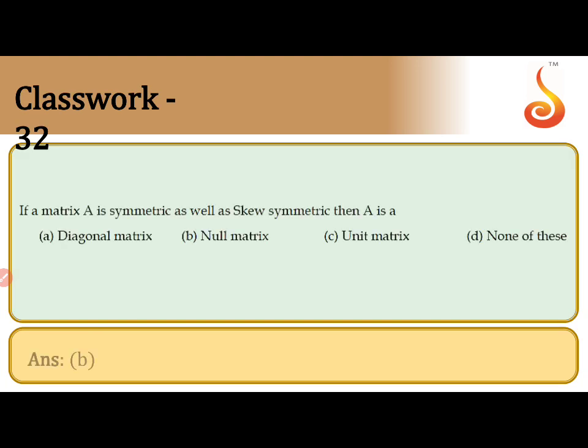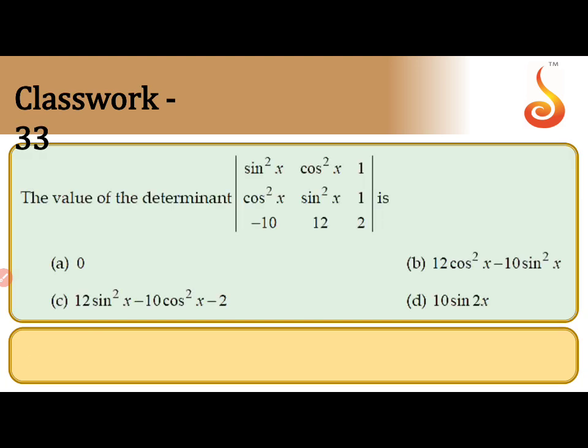Clear? So next question. The value of the determinant they are asking. We have sin square x, cos square x, 1; cos square x, sin square x, 1; minus 10, 12, 2. Sin square plus cos square is 1. I will apply one property, C1 as C1 plus C2. What will happen?